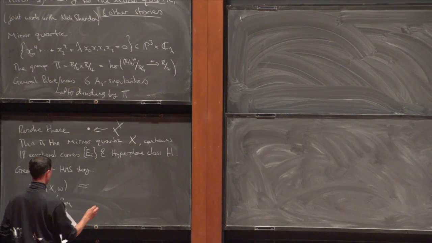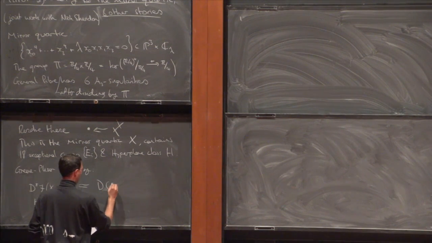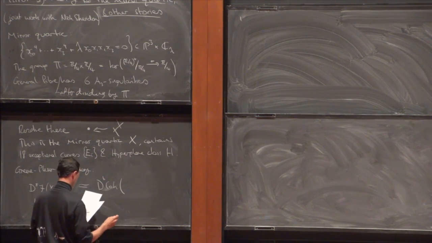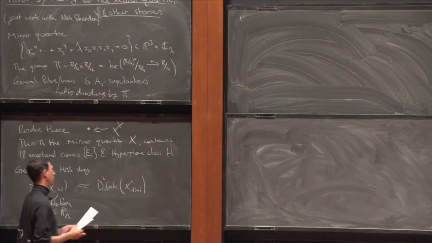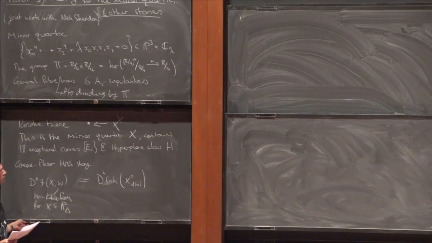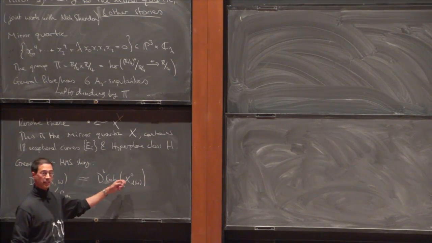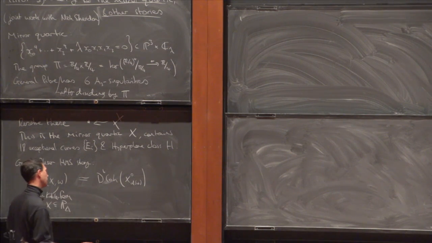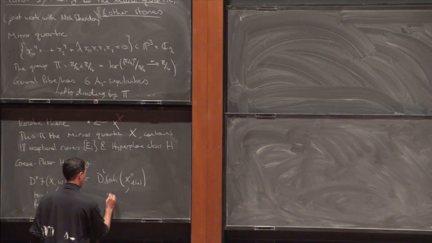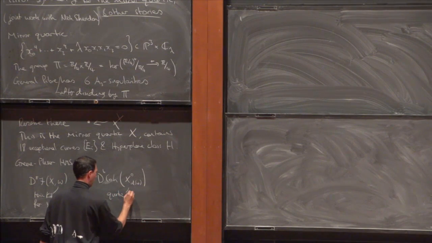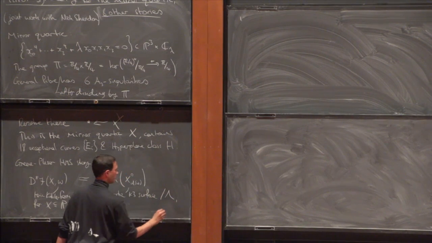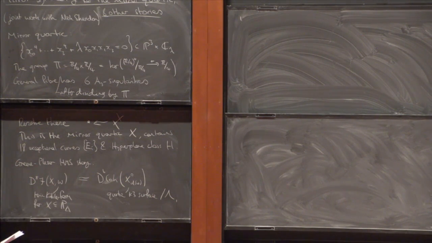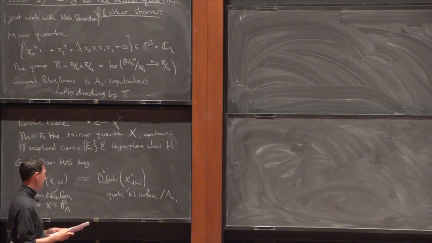This is equivalent to the derived category of coherent sheaves on a mirror space which is a quartic K3 surface defined over the Novikov field Lambda. So Lambda is the same Novikov field that figured throughout Nick's talk.